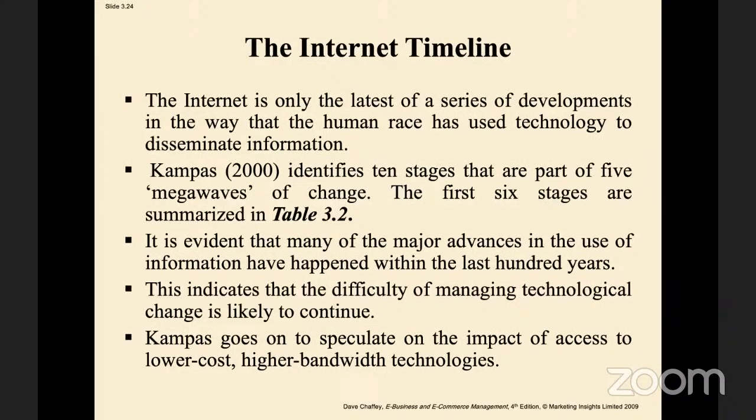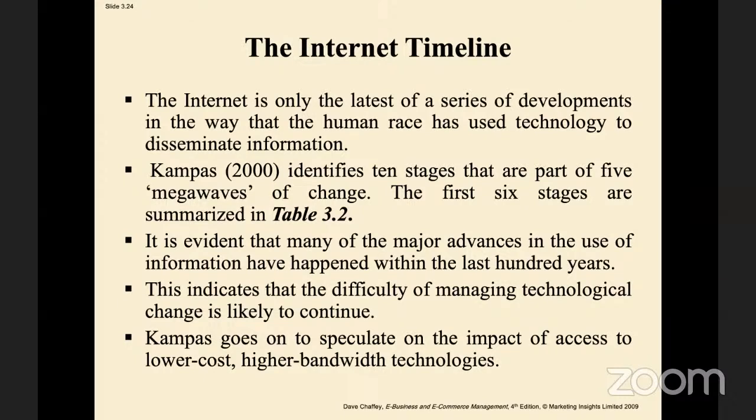The internet is only the latest of a series of developments in the way that the human race has used technology to disseminate information. Through the internet, all the people are connected, all the PCs are connected. So it is the age of digitalization, and it is very important for us to be connected. In recent times, the internet is the most important and most advanced form of development that connects us all.